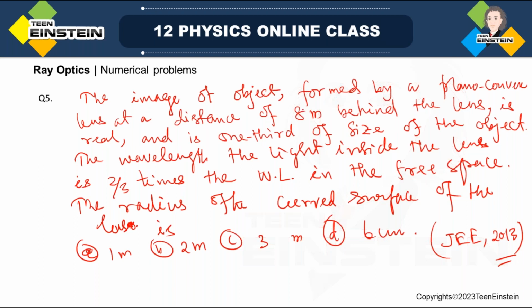The image of an object formed by a plano-convex lens at a distance of 8 meter behind the lens is a real image, and the size is also given, that is 1/3 of the size of the object. That is what is given.